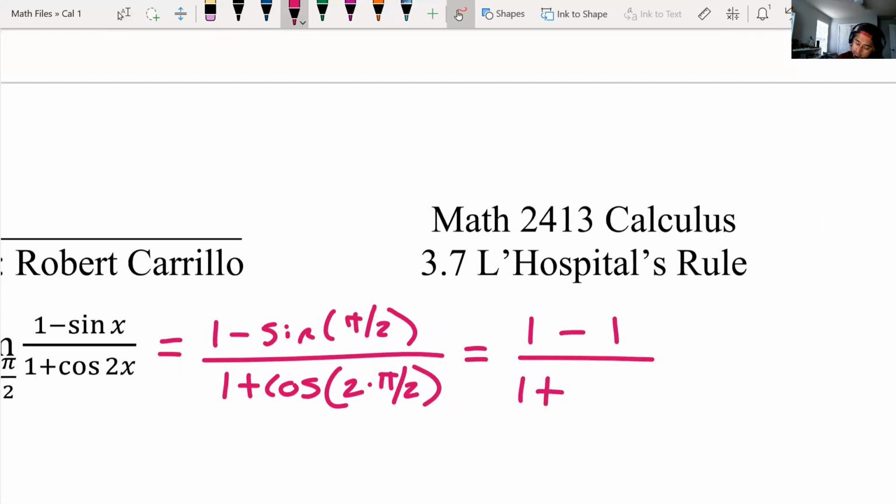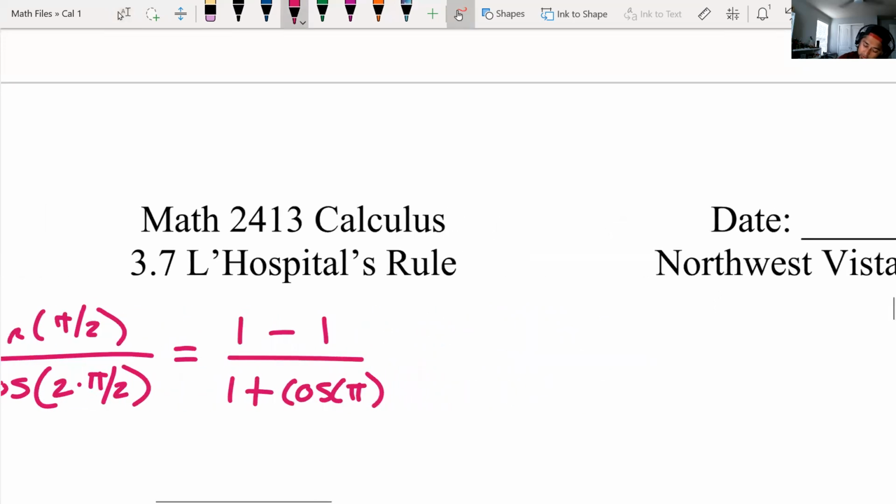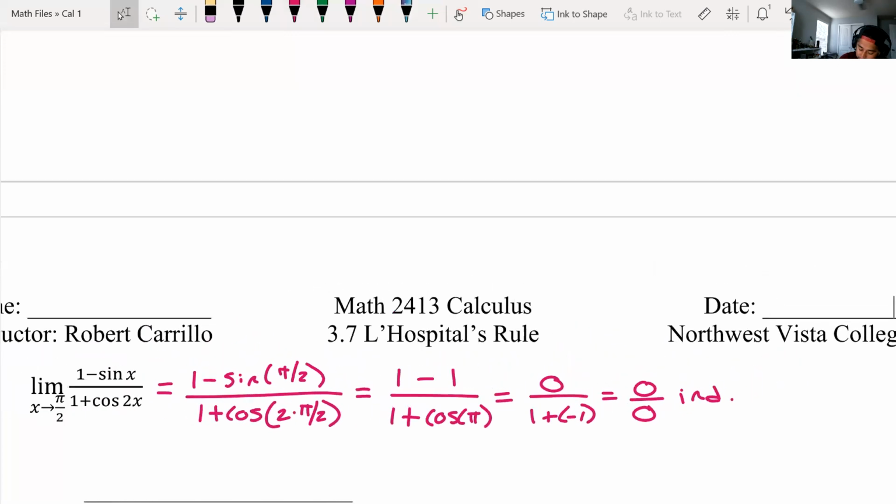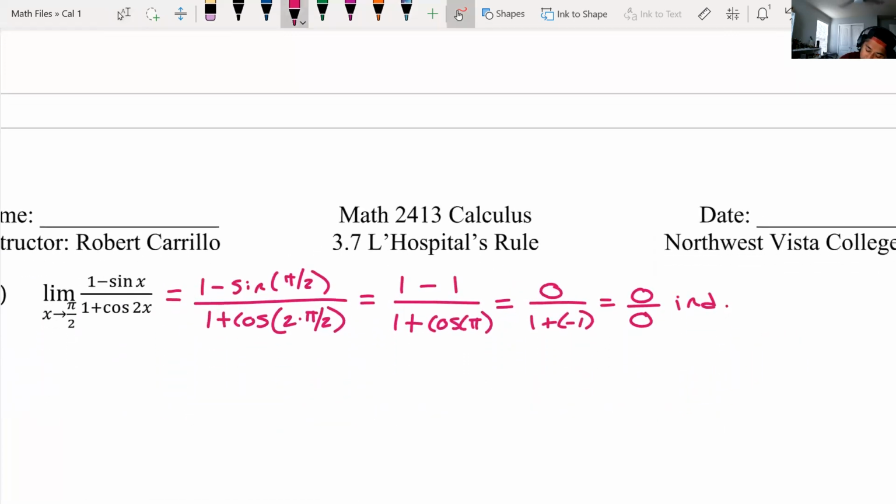And what is cosine at pi? -1. Good. So you get 0 over 1 plus -1, which is 0 over 0. Indeterminate. Okay, take him to the hospital.